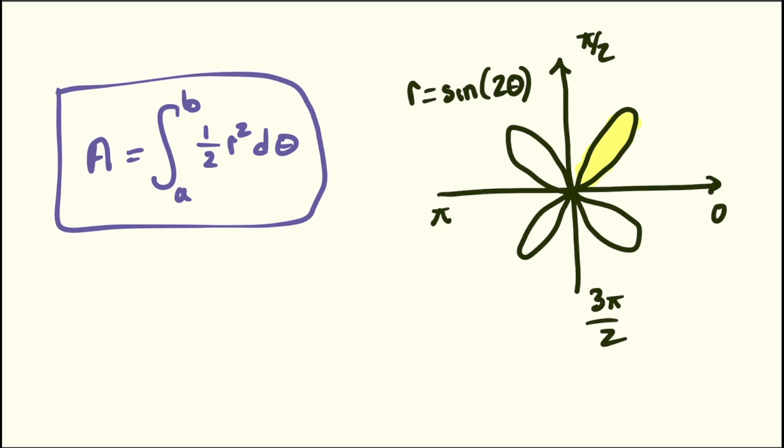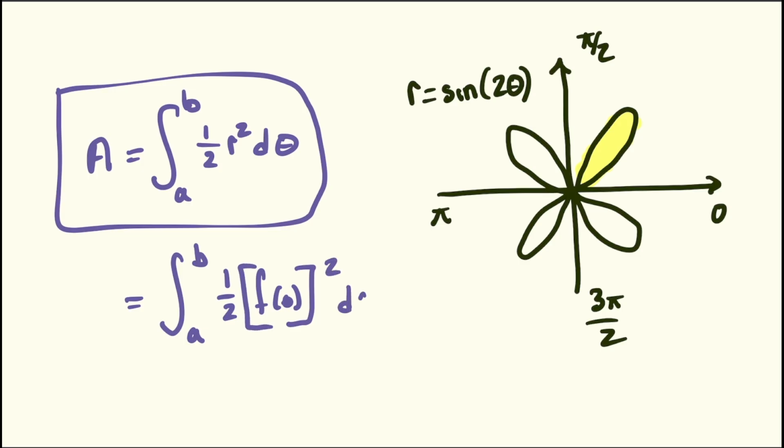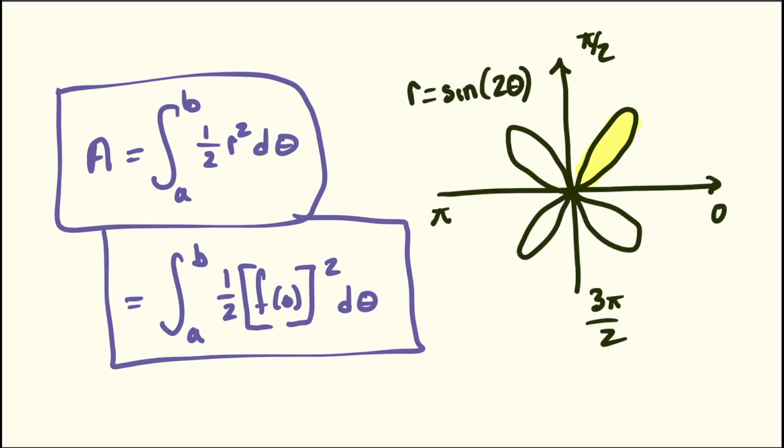I'm going to rewrite this once more because this is the shorthand that most everybody uses, but we can also read it as 1/2 of f of theta, because r is equal to f of theta, quantity squared d theta. So in other words, what we want to do is get rid of the r's and think about it in terms of theta.